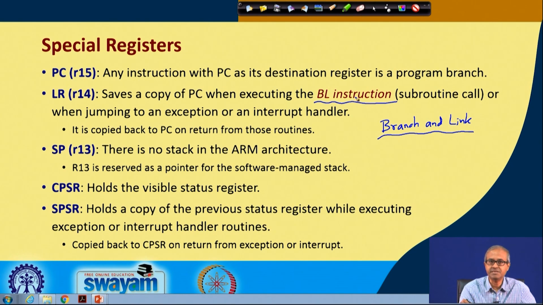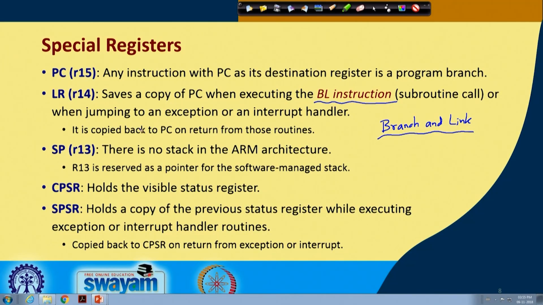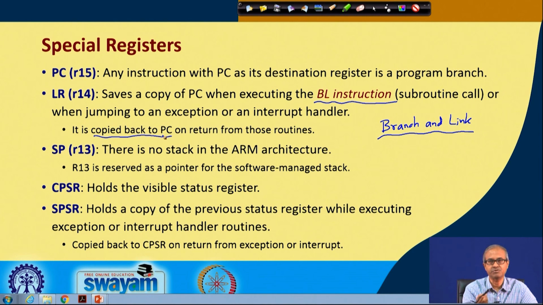In the BL instruction you will be specifying the address where to branch. Before branching, the current value of the program counter will be saved into LR, R14, and then the destination which is specified will be loaded into PC. So, that jump will take place, right. When you are coming back, the value of LR will be copied back into PC.